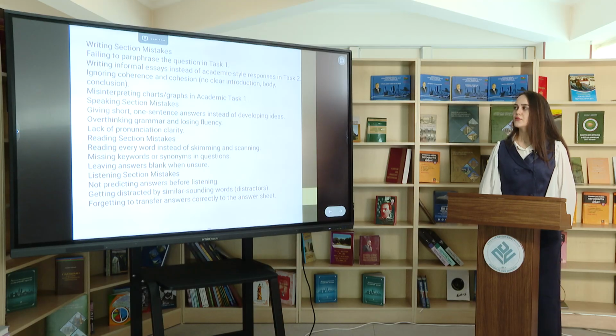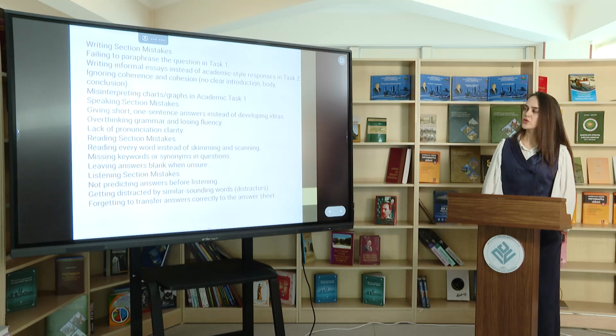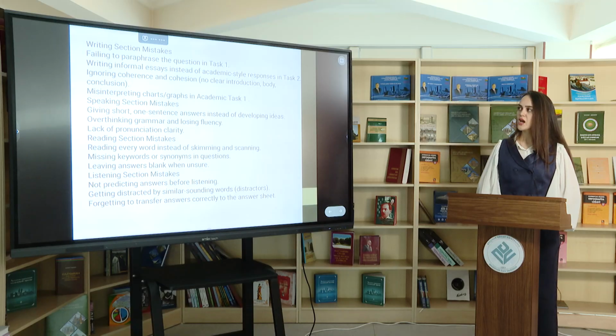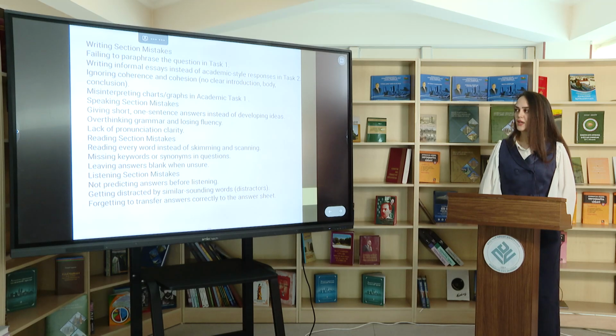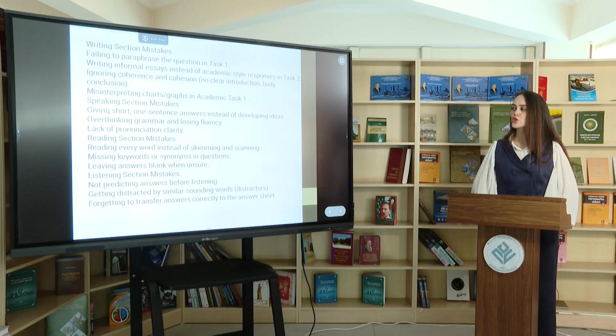Firstly, looking at details, let's focus on writing section mistakes. Here, as I said before, they always fail to paraphrase the question in task 1. And then, when it comes to speaking, they give a short one-sentence answer instead of detailed information.